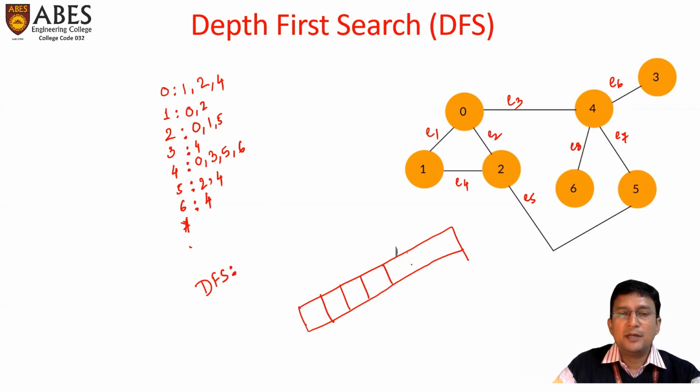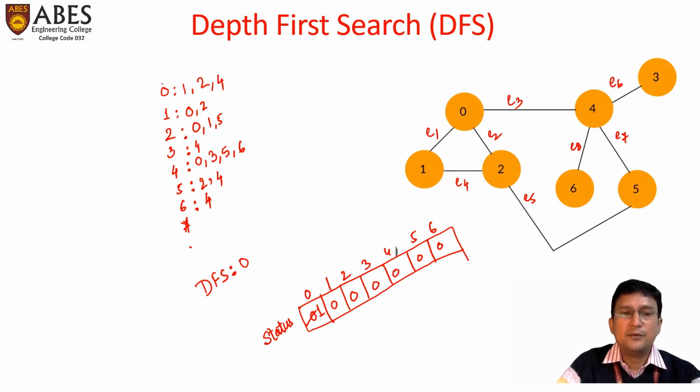Initially, none of the vertices has been visited, so the status of each vertex is set as 0. The very first vertex that is going to be visited is 0, so its status is set as 1, and it is marked as visited.